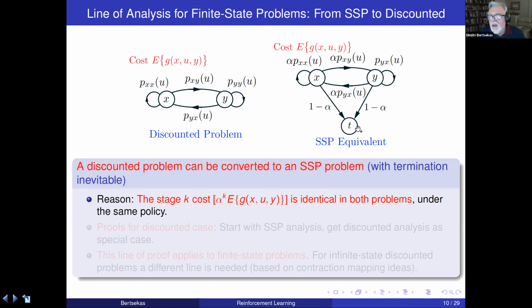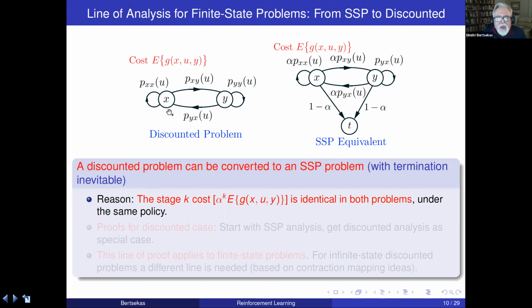There's a certain equivalence, so that we first analyze SSP, and then the results for the discounted problem fall out for free. So that's the point here. A discounted problem can be converted to an SSP problem with termination inevitable, so that the theory of the preceding slide applies. Okay, so this is our original discounted problem.